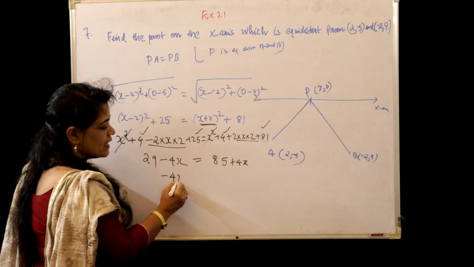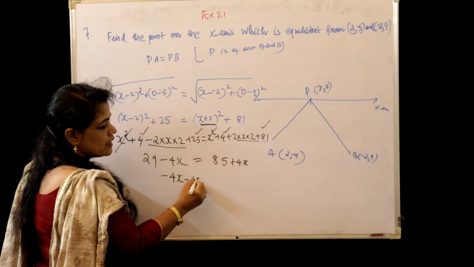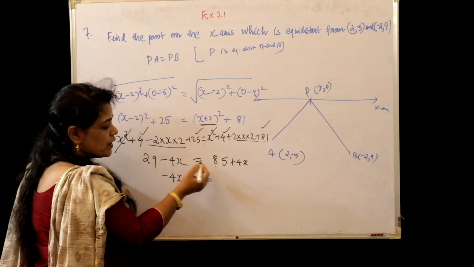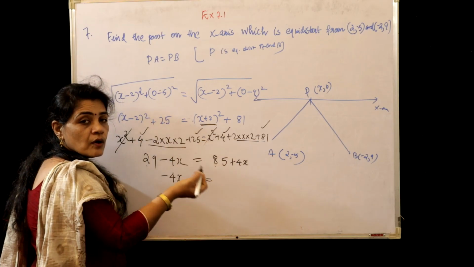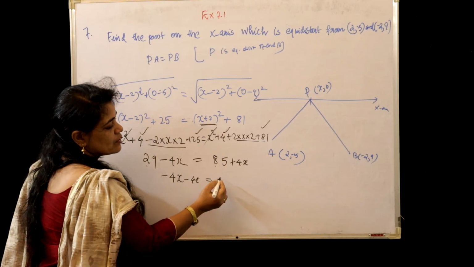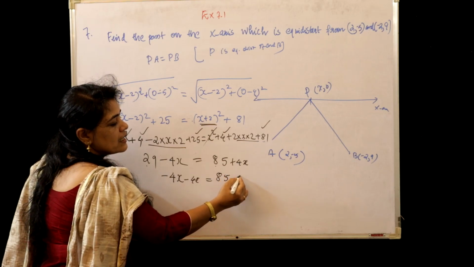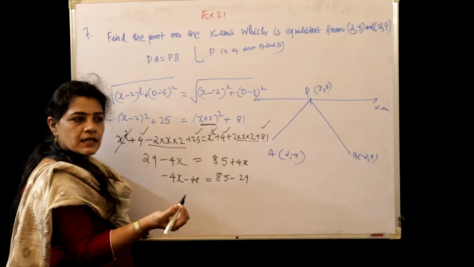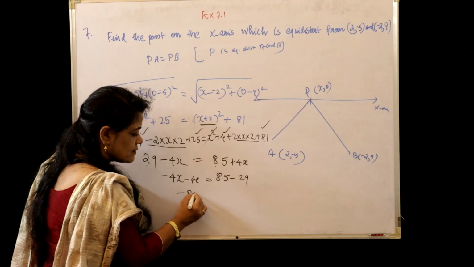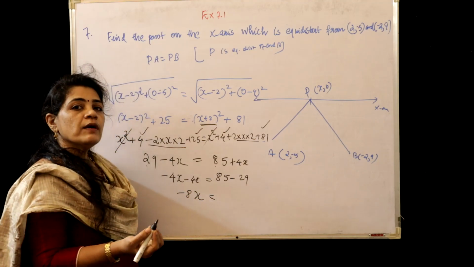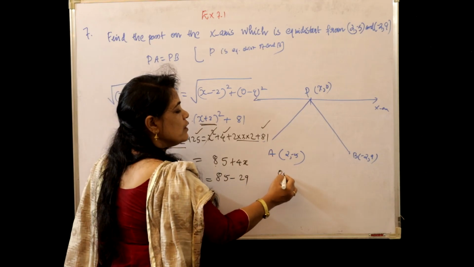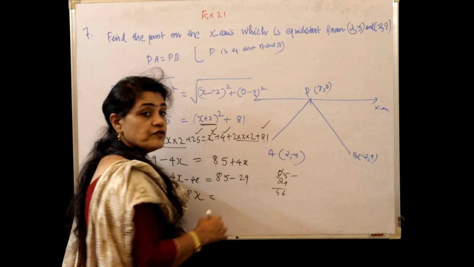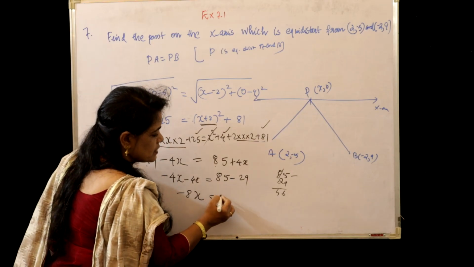For that I am taking this x term to the LHS. Minus 4x is there, then positive 4x comes to LHS as minus 4x. Here 85, then 29 comes to LHS, so minus 29. So minus 4x minus 4x is minus 8x, equal to 85 minus 29. 85 minus 29 is 56, positive.